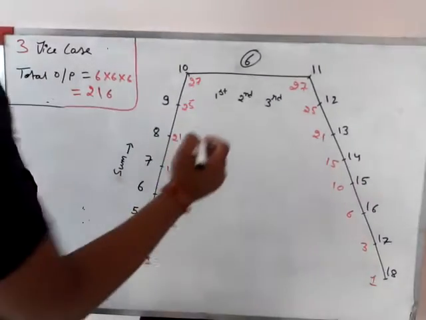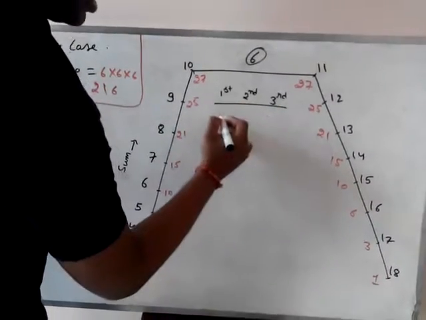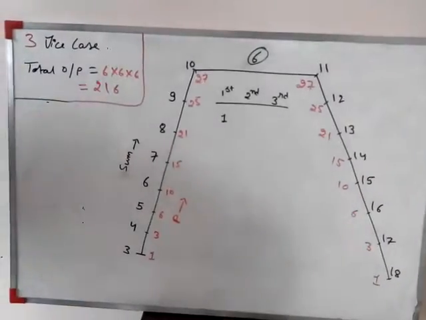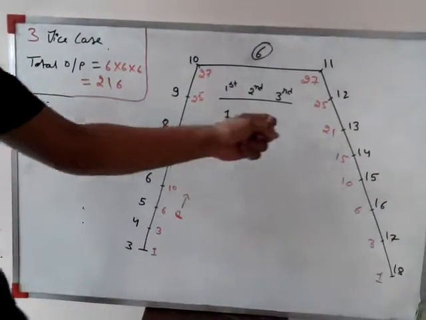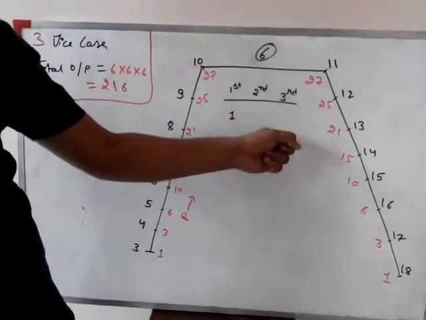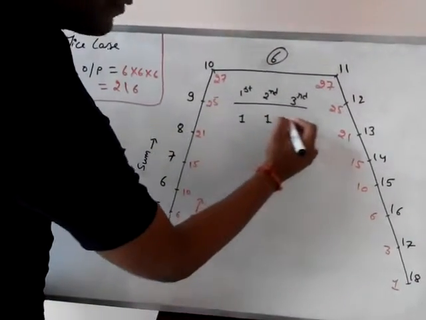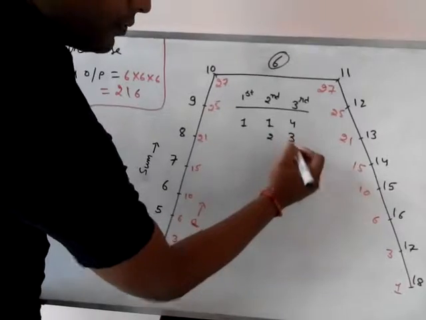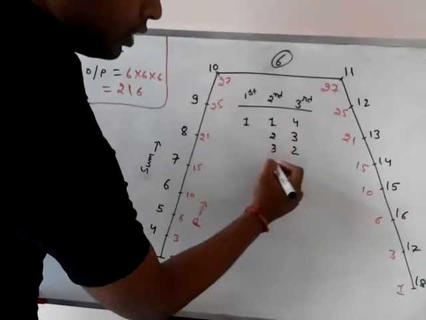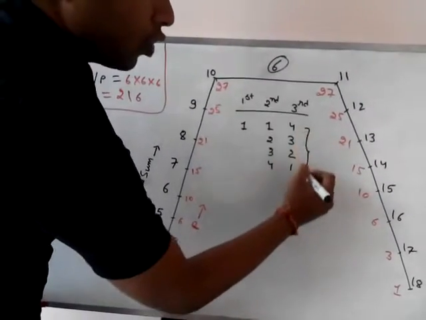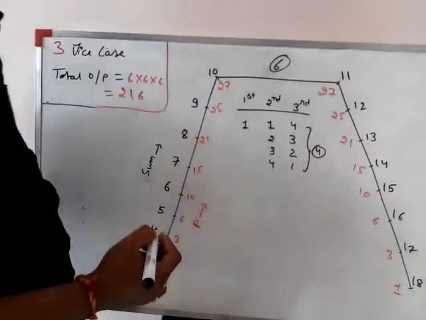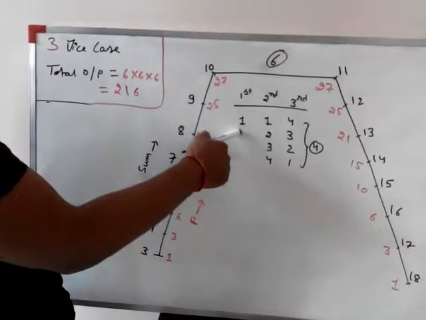Again, I am taking a case when in the first dice I got a number 1. So what I need to do? Now from the second and third dice I need to make a sum of 5, so as to make the total sum as 6, right? So the possible cases are 1,4; 2,3; 3,2 and 4,1. So I have got 4 cases when I received a number 1 in the first dice.